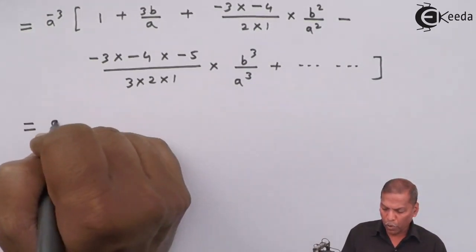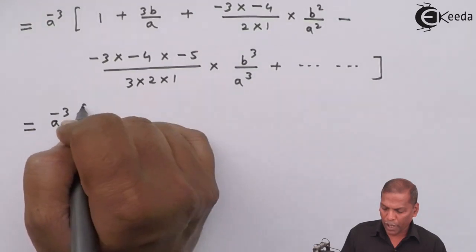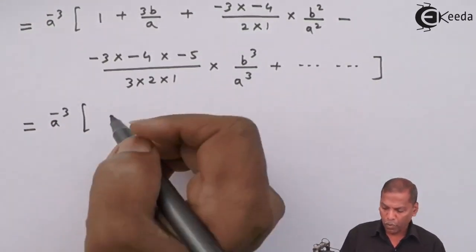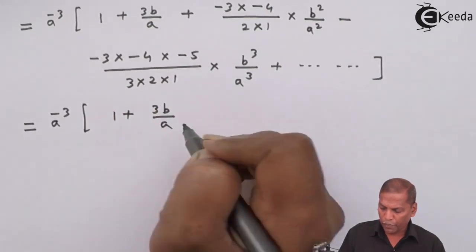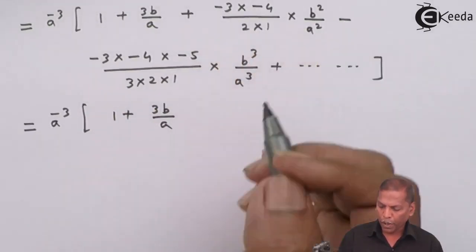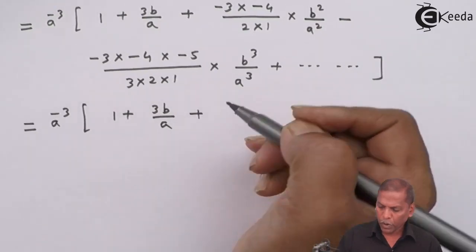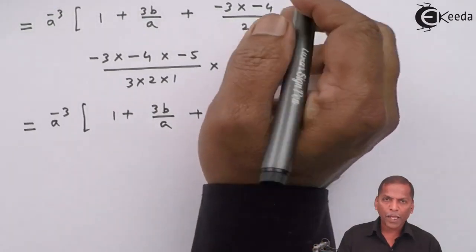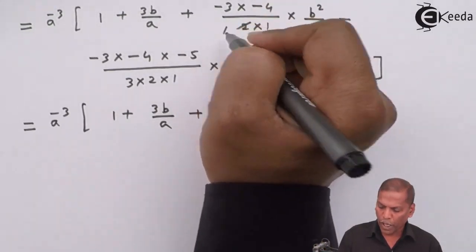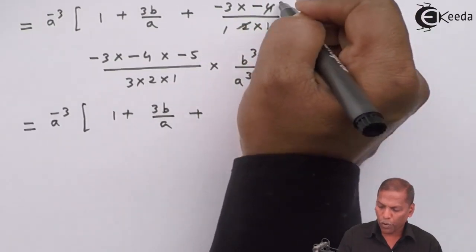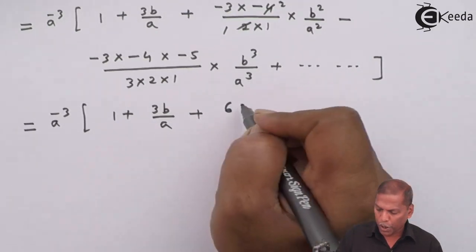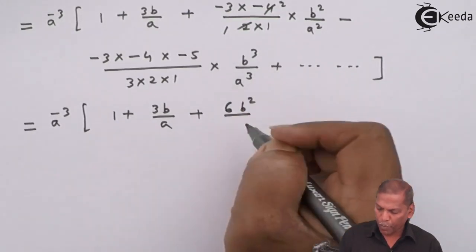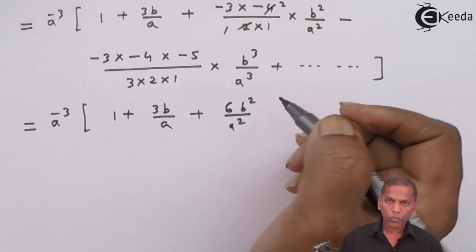So is equal to a raised to minus 3 in bracket 1 plus 3b upon a. Now minus minus we get plus. Then if you go for cancellation, 2 1s are 2 and 2 2s are 4. So 3 into 2, that gives us 6 b square upon a square.